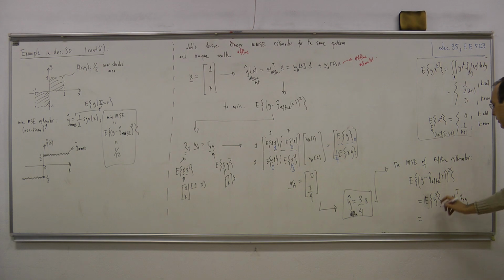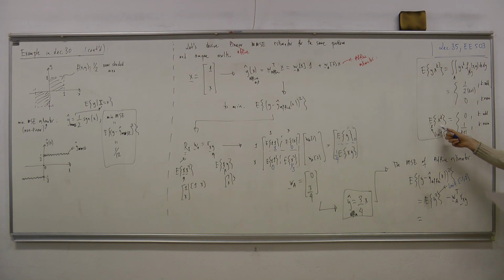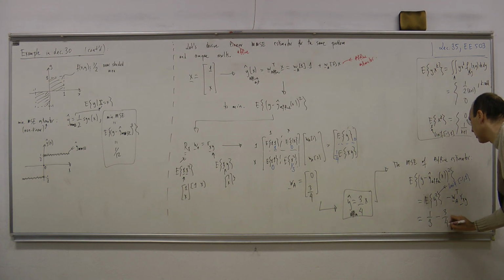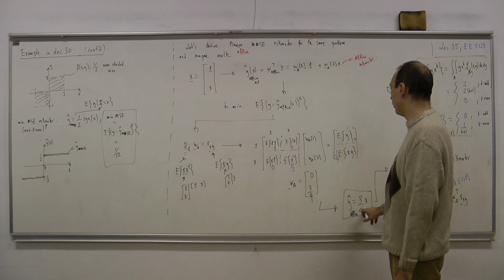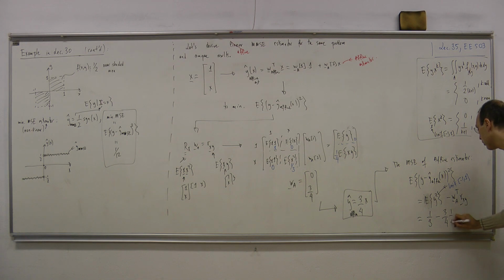Expected value of y square is, that's also uniformly distributed, because of the same argument for x, it's also valid for y. So I have 1 over 3 over here. Okay. K is equal to 2, 1 over 3, minus, now I have what? 3 over 4, inner product of this vector with this vector, times 1 over 4.